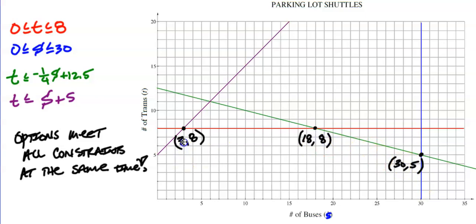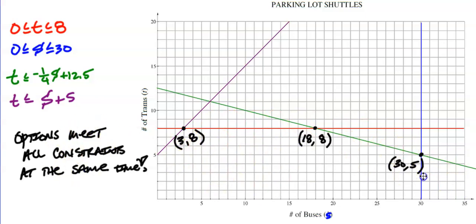And then here we're maxing out the insurance and our trams, and here we're maxing out the staffing and the shuttles. So these are our max points. We got 3 points where we maximize everything. And so that's where our solution is.